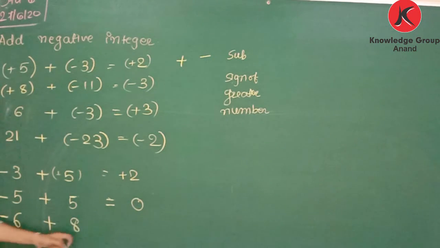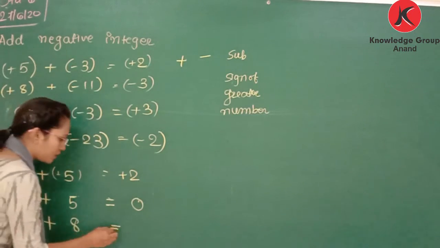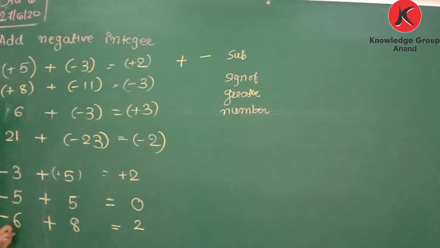Now next. Minus 6 plus 8. One is negative, one is positive. So 8 minus 6, that is 2. Sign of greater number: 8 is greater and the sign of 8 is plus. Now next one.